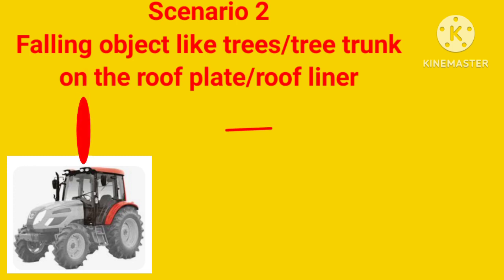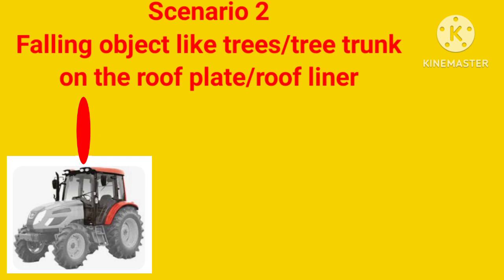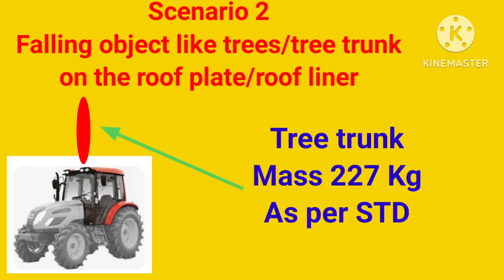For the scenario of a big tree falling on the cabin, according to the regulation, we consider a cylindrical tree trunk with weight up to a maximum of 227 kg.